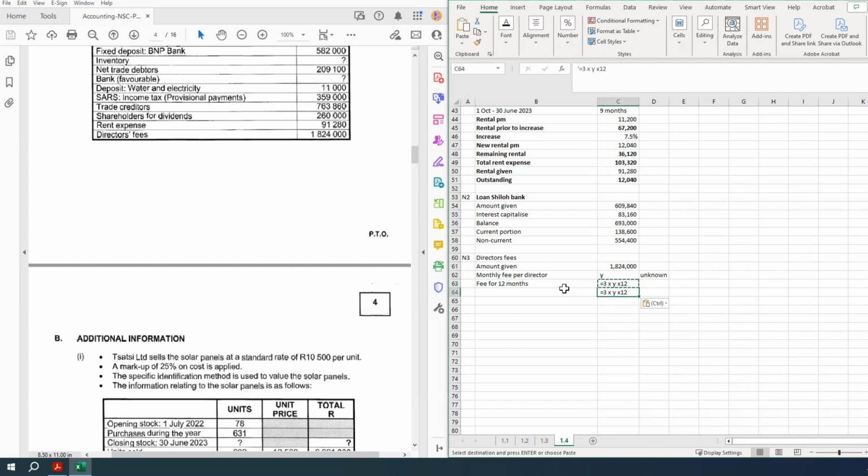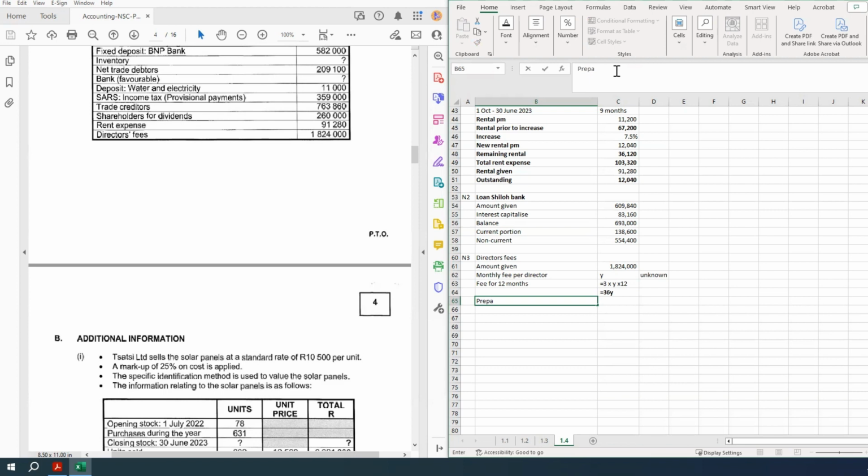Okay, and then the next part, I can now work this out here. So effectively, 3 times 12, so that's 36, so 36y. Okay, so that's the first part. Now, the second part is the prepaid portion, right?